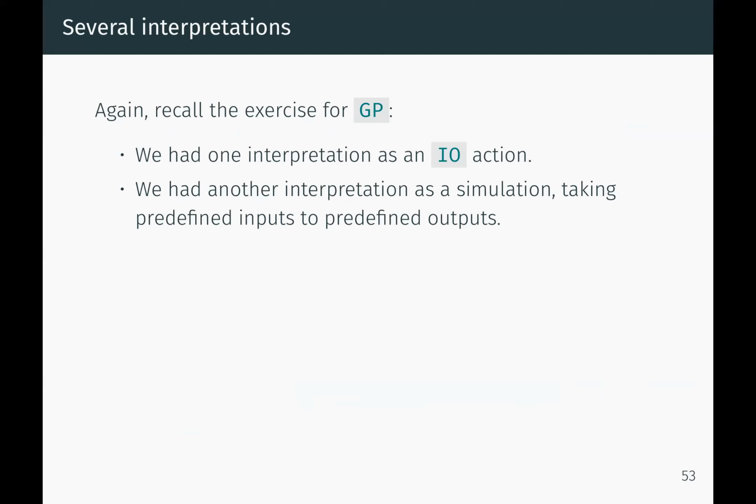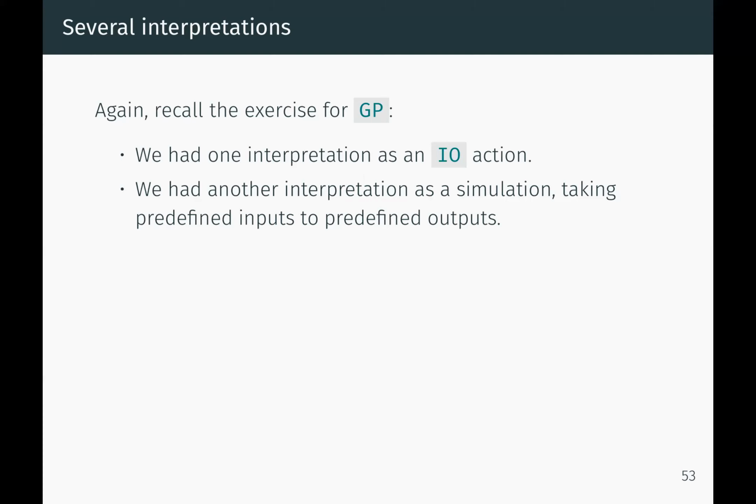And if you recall the exercises, for this GP monad there were two interpretations. One was as an IO action and one as a simulation where the inputs came from a predefined list and the outputs were collected in a list.